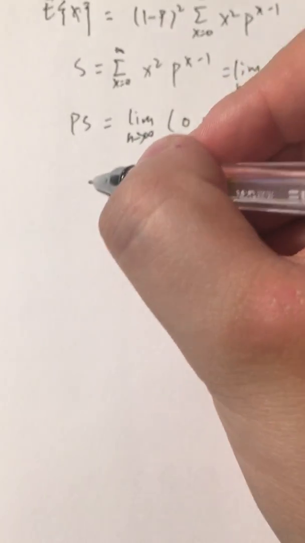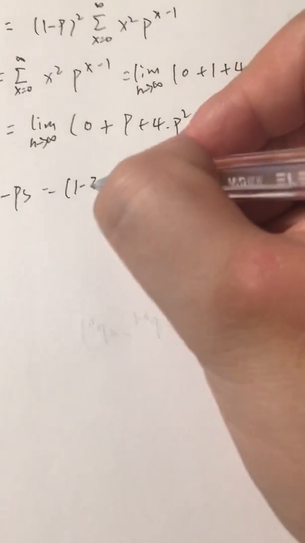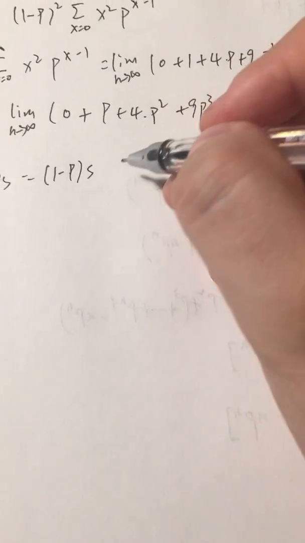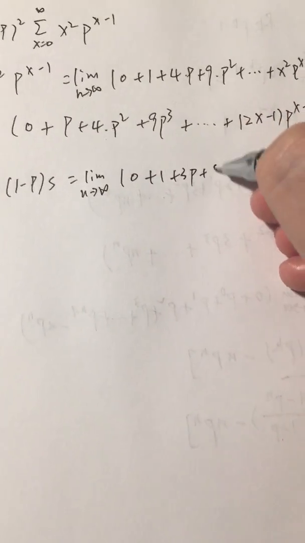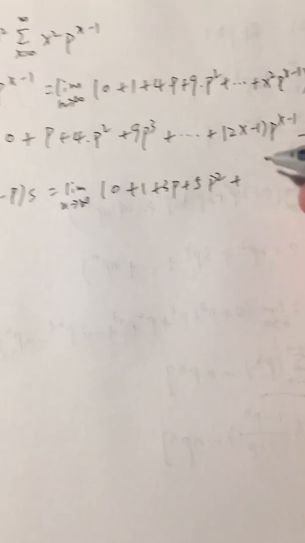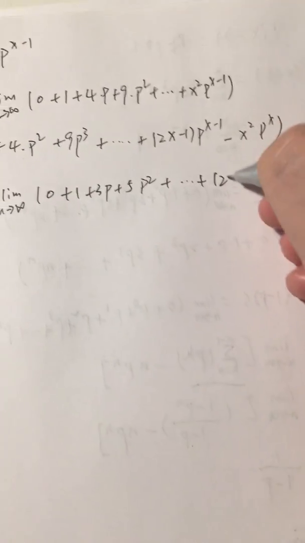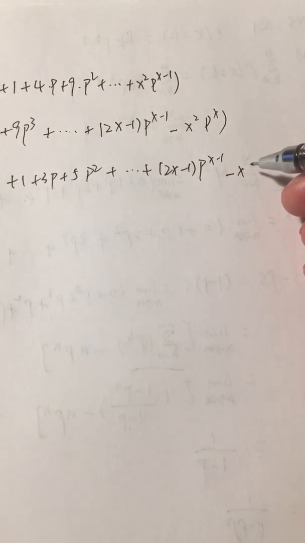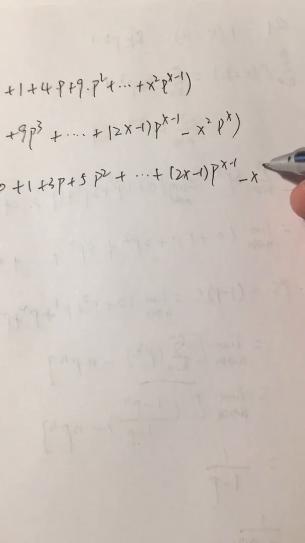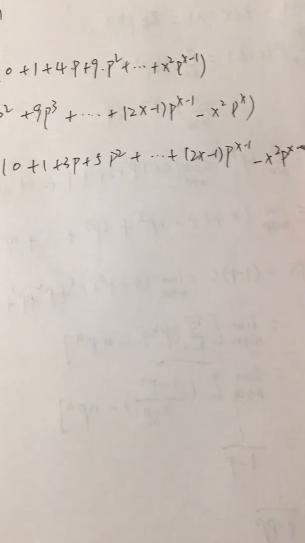And we use s minus ps, which is 1 minus p times s, the limit when n goes to infinity of 0 plus 1 plus 3p plus 5p squared plus and so on, plus (x squared minus 1) p to the power x minus 1, minus x squared p to the power x.